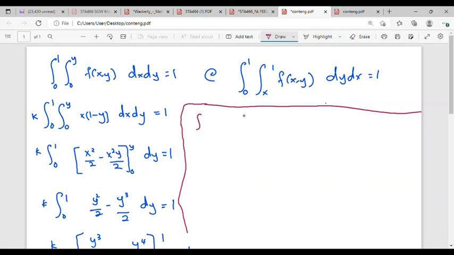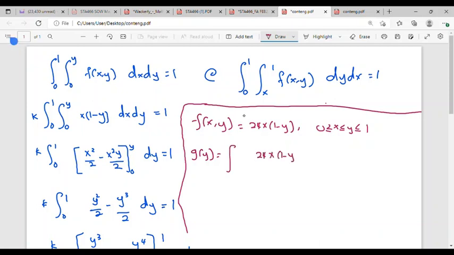So our function actually is 24x(1 minus y). Okay, so to find the marginal of y, we need to integrate the function with respect to x. So it will be 0 to y here.